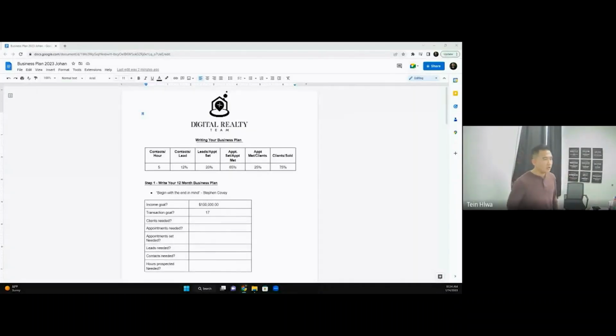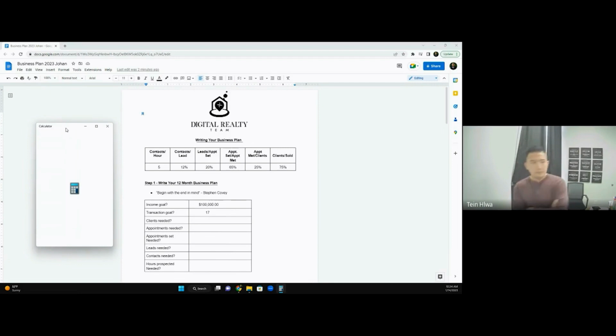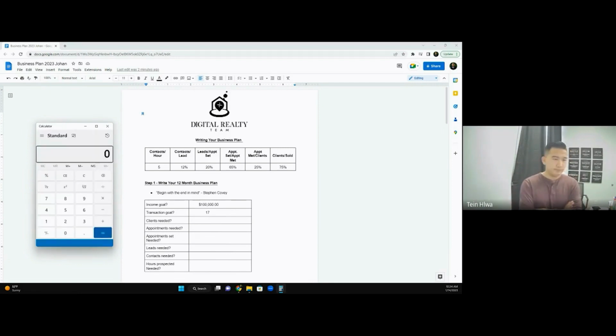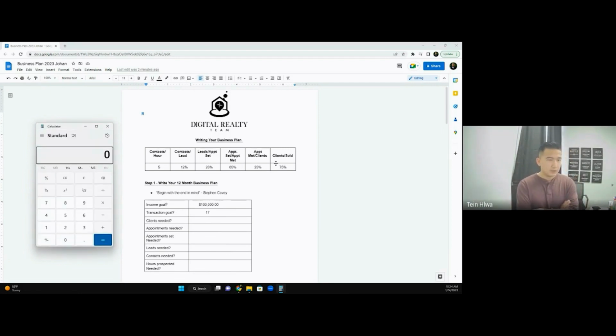Share your screen and then open up a calculator as well. All right.